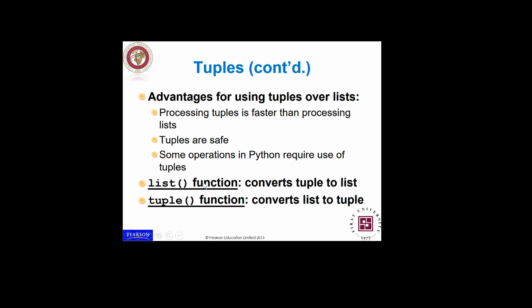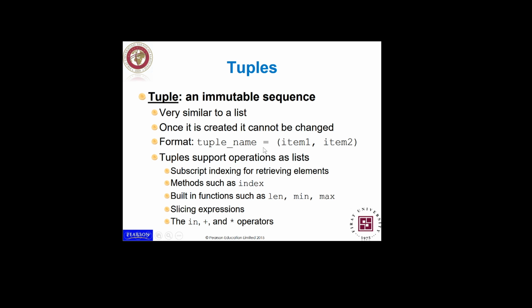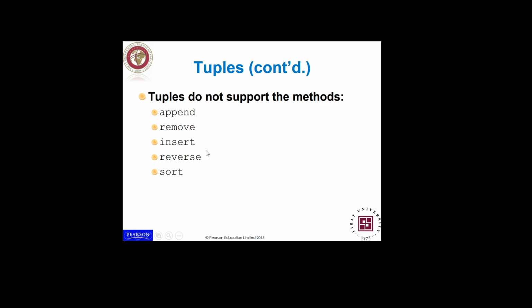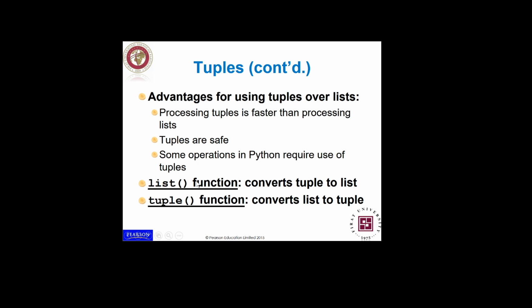We can also convert a tuple to a list using list itself. So you may say, okay, I have a tuple, I cannot change its elements. You can take a copy of it by using list and convert this tuple to a list. Then you can modify its elements.